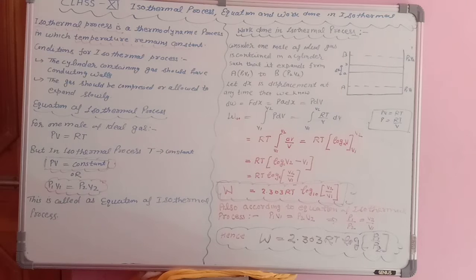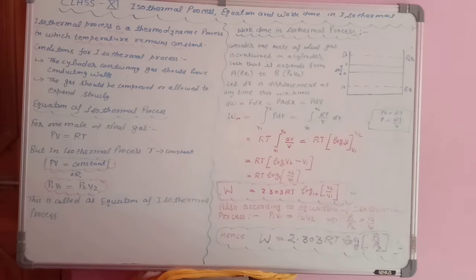Thermodynamic variables we have studied are pressure, volume, temperature. So the isothermal process is one in which the temperature remains constant, that is, the process which takes place at constant temperature is called the isothermal process.